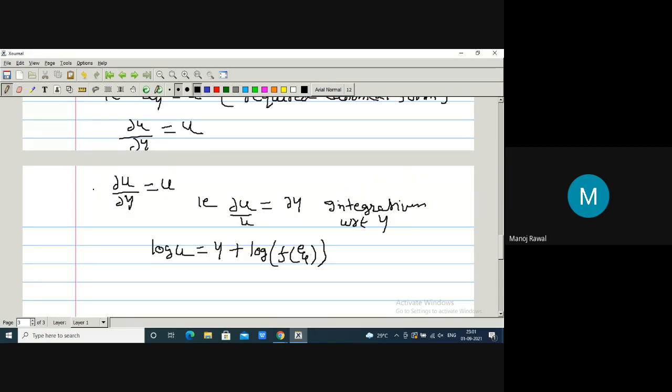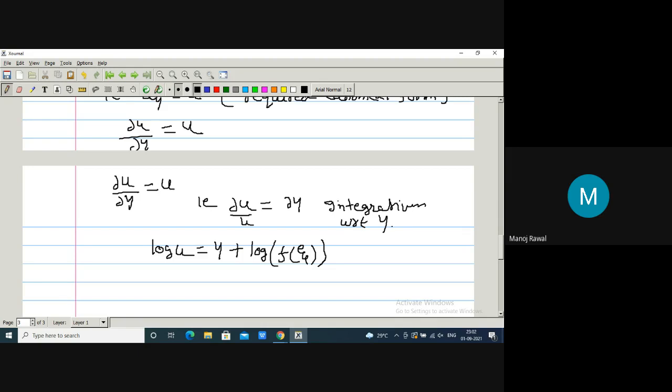Right now your differential equation is in terms of eta and xi. So if you are integrating with respect to eta, then xi will be treated as a constant. Do you agree or not? Yes, sir.